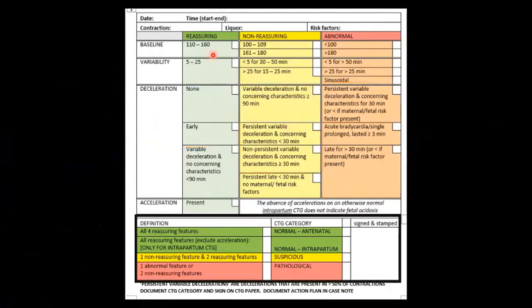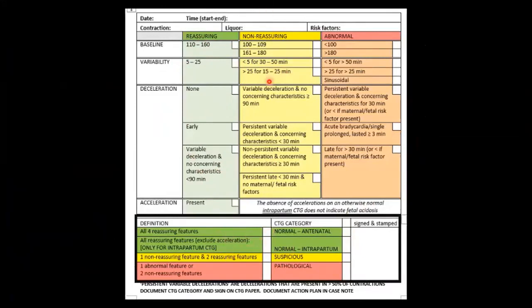Now you have finished filling up these reassuring, non-reassuring, and abnormal features. Then you need to classify it into normal, suspicious, or pathological CTG. For a normal CTG, you have to have all reassuring. But if the patient is in labor and there is no acceleration, you still can, and if other features are reassuring, then you will still say that it is a normal CTG.